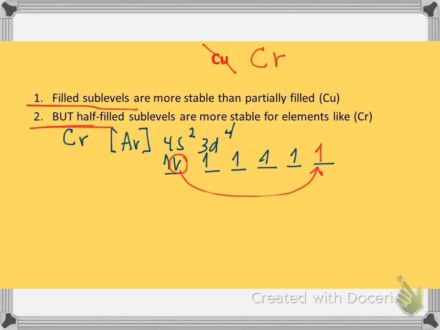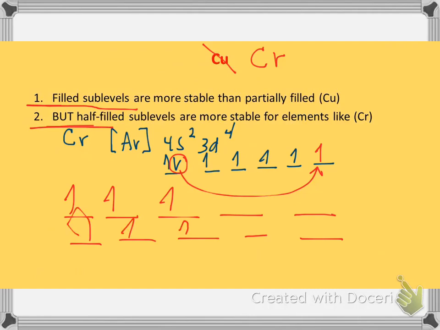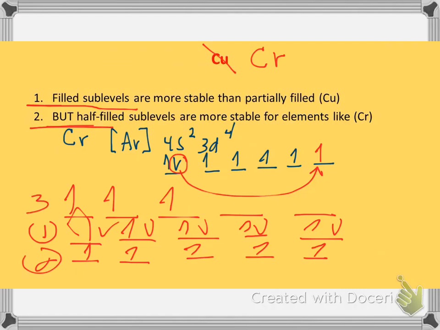Okay, so if I had a d configuration like this versus one like this, and I had one, let's say, like this, if I ordered them in terms of the most stable, this would be the most stable, this would be the second most stable, and this would be the third most stable, right?